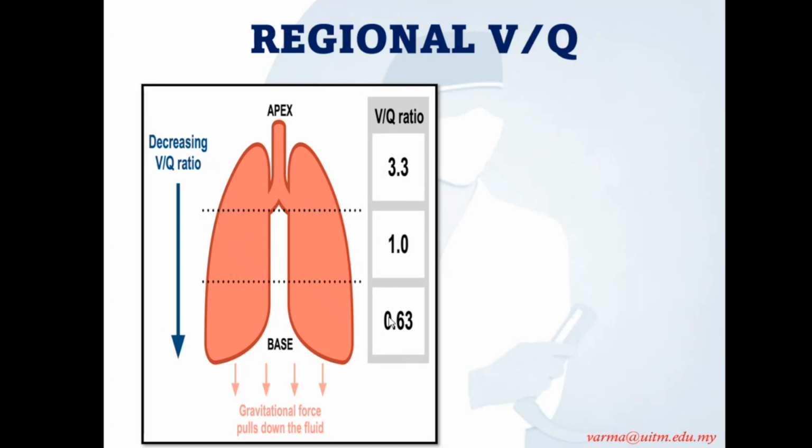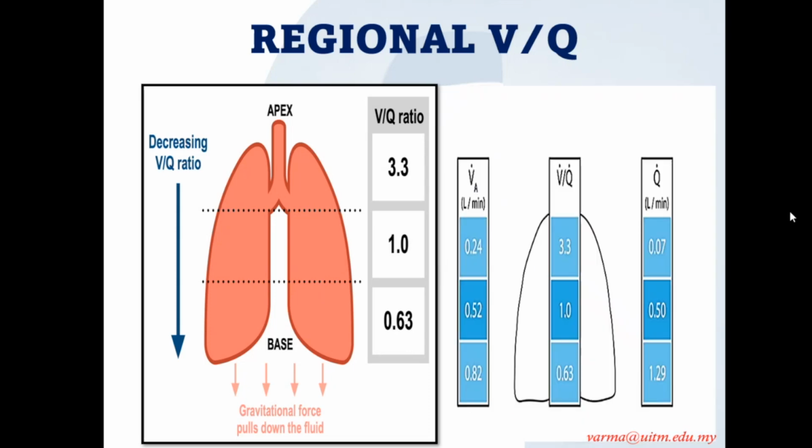Why is it so? Because there are differences in ventilation and perfusion at different regions of the lung. If you look at it, your ventilation at the apex is 0.24 liter per minute, whereas your perfusion is only 0.07 liter per minute, because in an erect position, because of gravitational force, there is less perfusion to the apex.